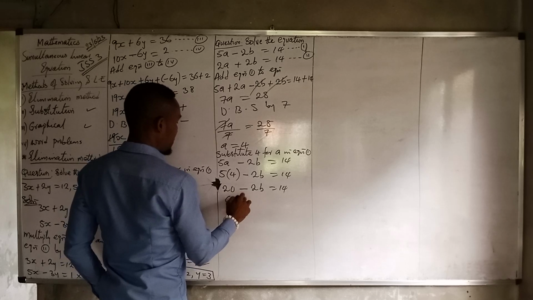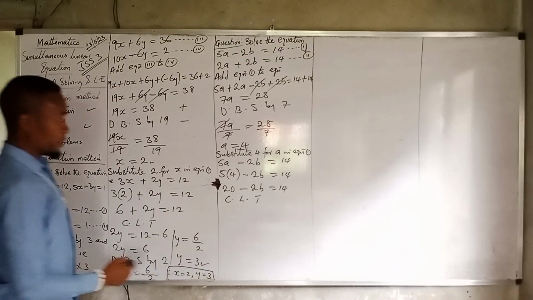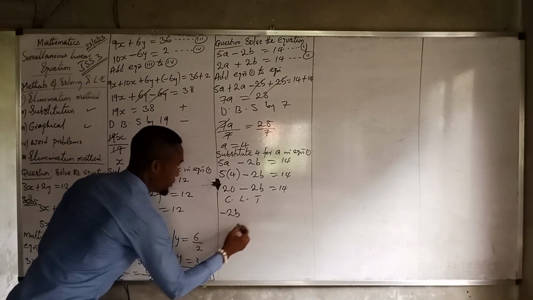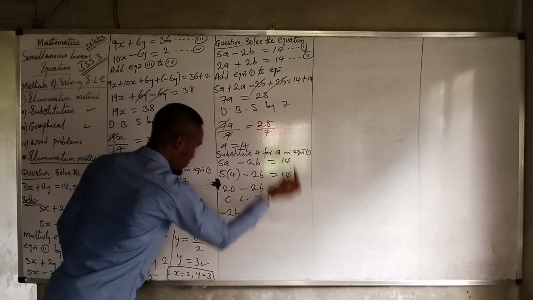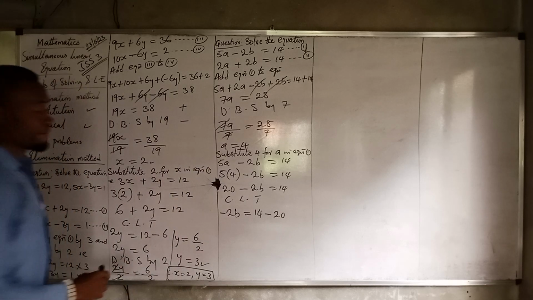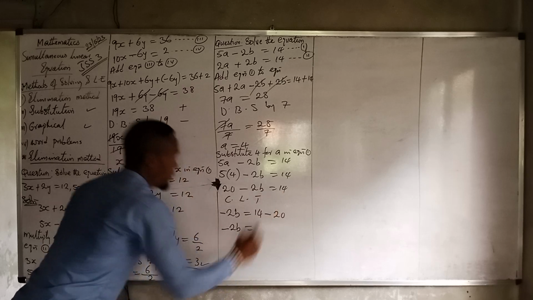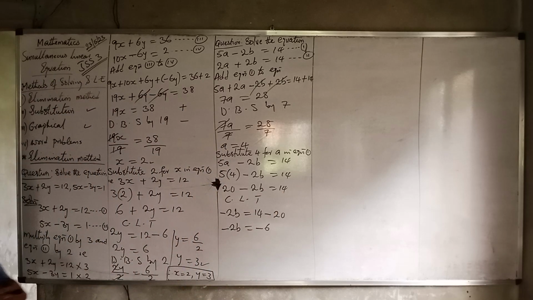What should I do here? Collect like terms. So I bring minus 2b to one side: minus 2b equals 14, and the 20 is plus, so it crosses over and becomes minus 20. So minus 2b equals 14 minus 20, which is minus 6.